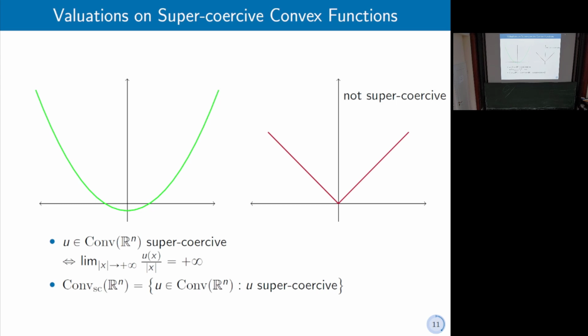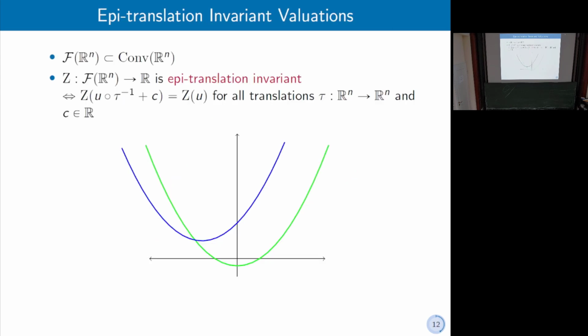So now to the geometric notions, I hope. Yeah. So we look at so-called epi-translation invariant valuations. So translation invariant would just be a look at translation in the domain, but now I want to also be allowed to translate the whole epigraph. So this means I allow here a translation in the domain, and I'm also allowing addition of a constant.